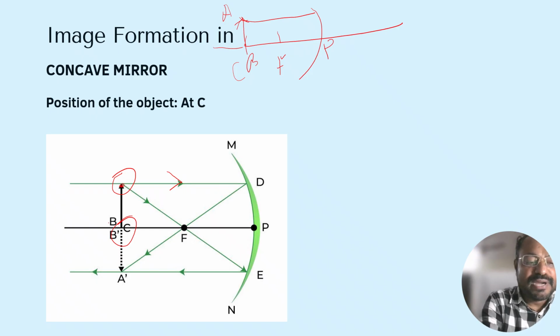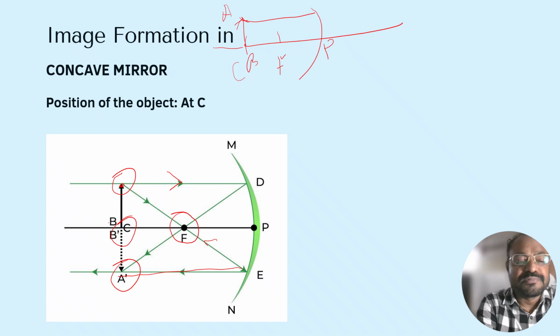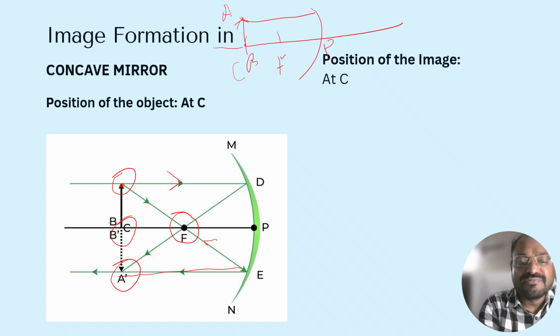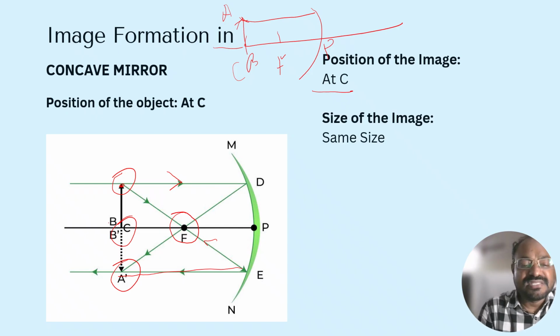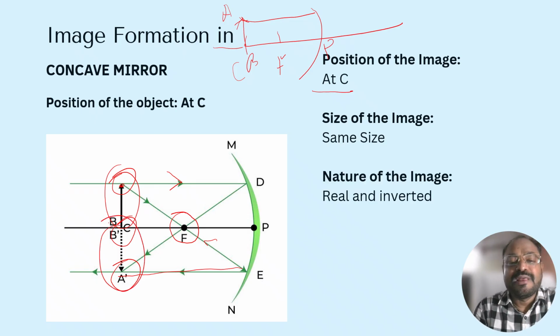The second ray from the arrow point will pass through the principal focus F, and it retraces its own path. At the intersection point you can obtain the image A dash B dash. So the position of the object is at C, and the image is also at C. The size of the image A dash B dash is the same as AB. The nature of the image is real and inverted.